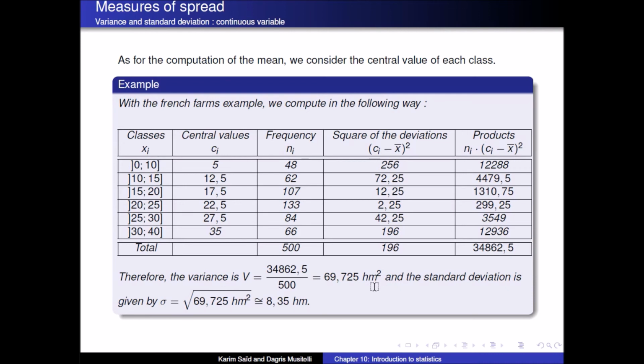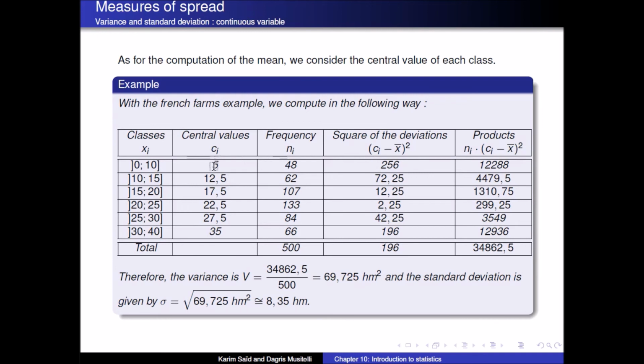When we have a continuous variable, it's the same, but instead of taking the classes, we take the central values. So the central values, I remind you, is the value in the middle of each interval. So I have 5, 12.5, and I do the same.